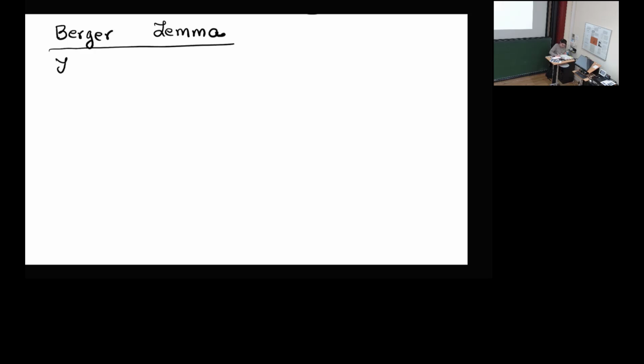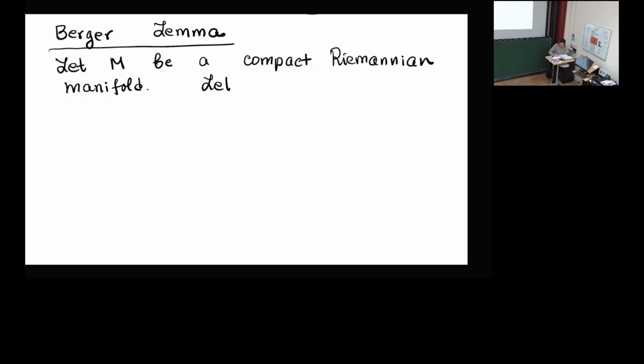Let M be a compact Riemannian manifold, and let P, Q be a diameter apart.